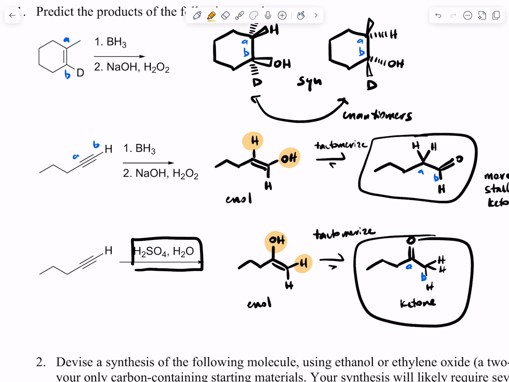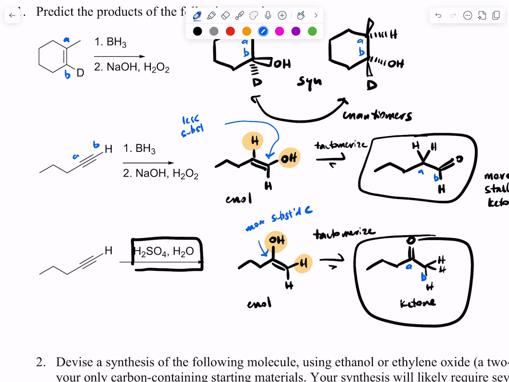It functions exactly like alkene hydration or alkene hydroboration oxidation in that the OH for alkyne hydration ends up on the more substituted carbon, and the OH for alkyne hydroboration ends up on the less substituted carbon.